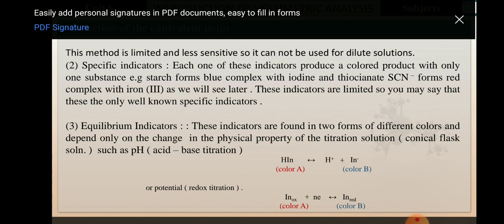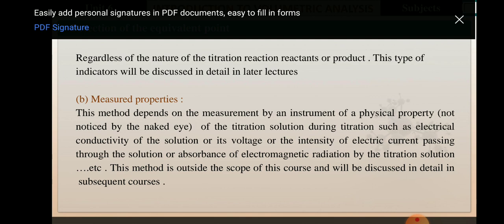The first is HIn to give H plus plus In minus, color A and color B. The second is the potential of the redox reaction: ion oxidation plus n electrons to give ion reduction, color A and color B, regardless of the nature of the titration reactant or product. This type of indicator will be discussed in a later lecture.